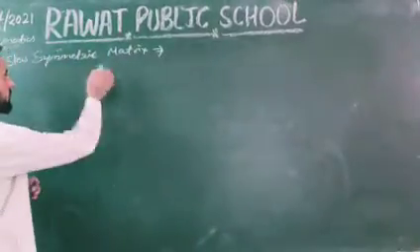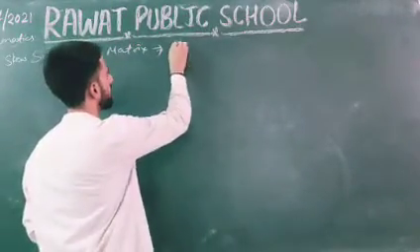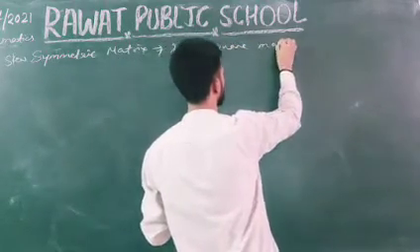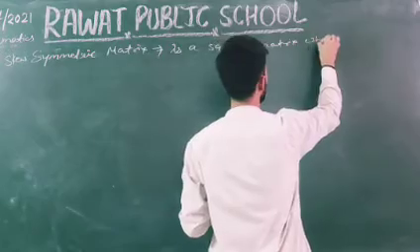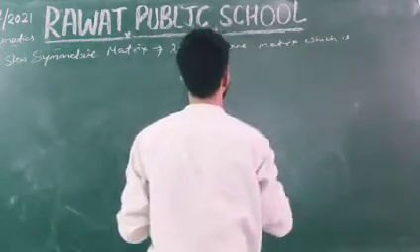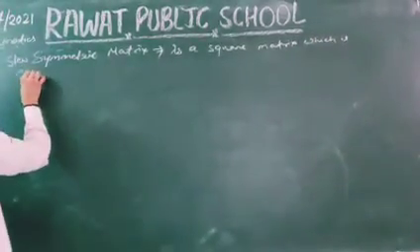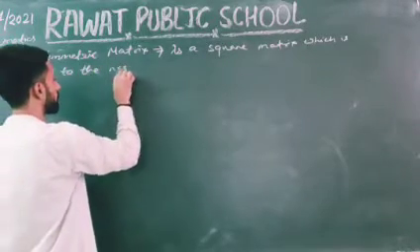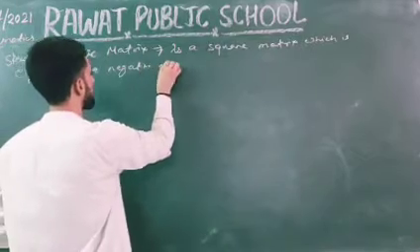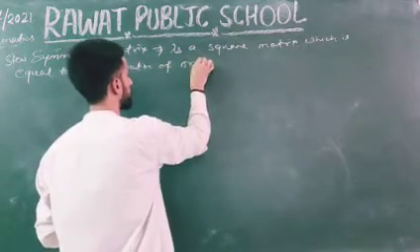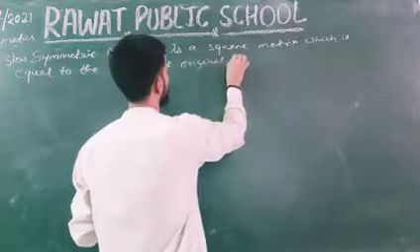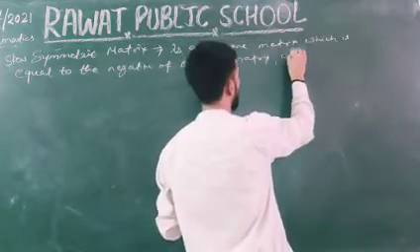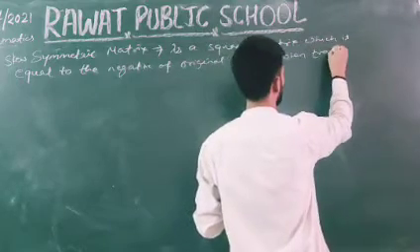If I define it, a skew symmetric matrix is a square matrix which is equal to the negative of the original matrix when transposed.